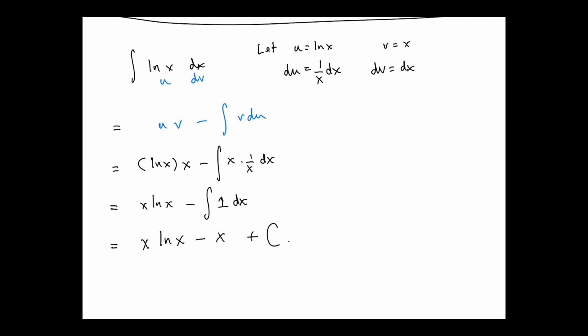The other thing is that if we had put the log x with dv, then v would have been the integral of log x. Well, that's the exact question that we're asking in the first place, so that would be kind of circular reasoning, right? We can solve the integral for log x dx if and only if we can solve the integral for log x. Well, yeah, but that's sort of useless. Okay. All right. Good.